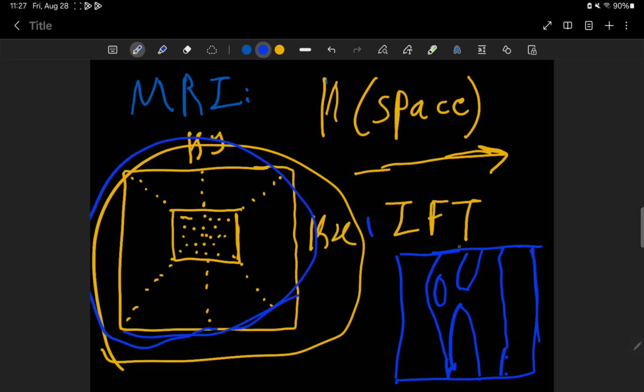Through the inverse Fourier transformation, it was converted into this image of a knee from the side that as a human I could understand and deal with. I could see if there's a bone, or when looking at a brain, I could see if there is a tumor because the density is different. So this is why we use the Fourier transformation, because we want things to make sense.